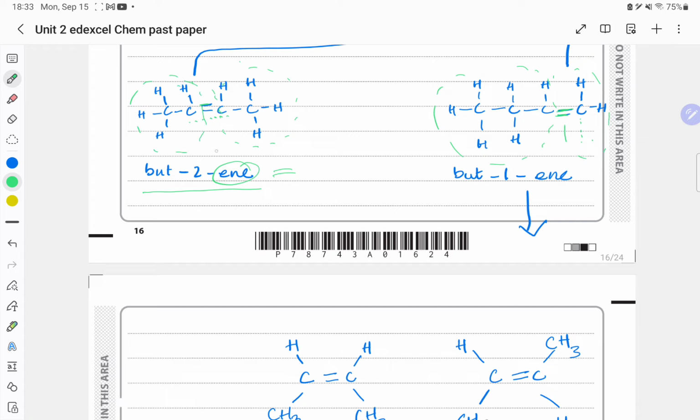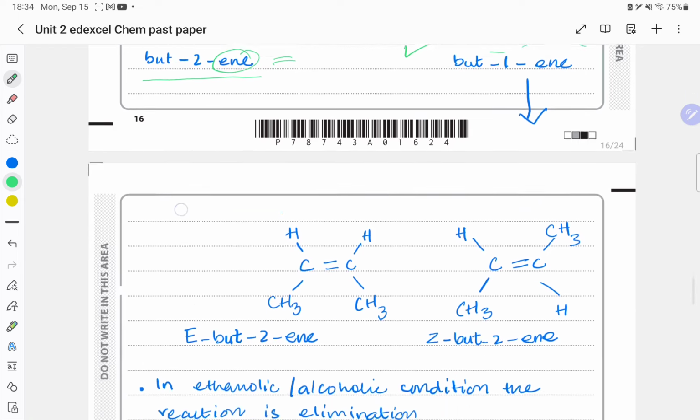Because this is a symmetric structure, no isomer is going to be formed on this side. But if you look at this side, the double bond carbon has got two different priority groups, so based on that, you're going to form isomers.